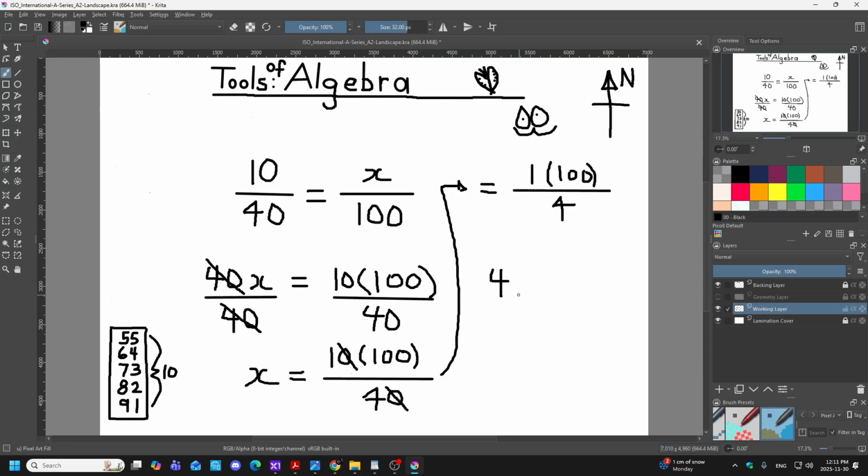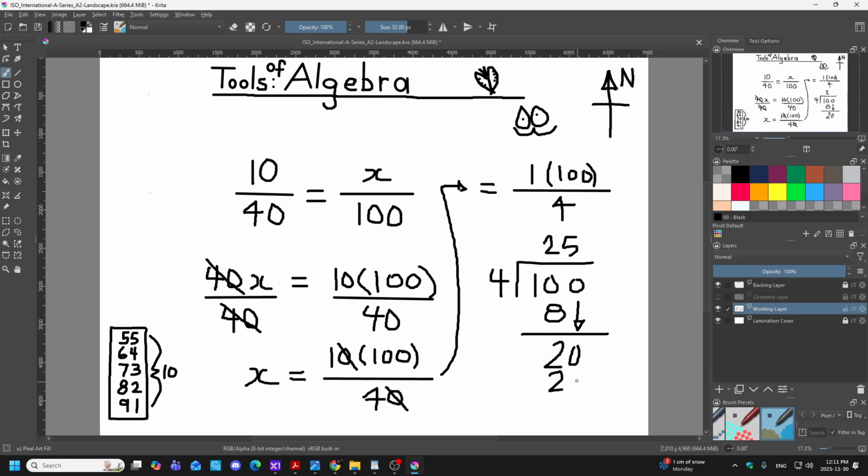I could show the long work, right? 2 times, get as close to 10 without going over. That's 2 times. Subtracting, bring down the 0. I'm just doing quick long division. What times 4 gives us 20? Well, that's 5.